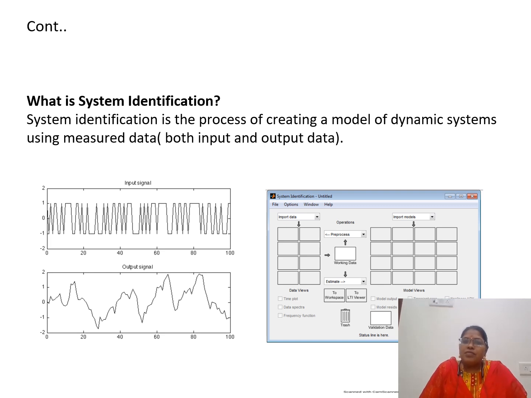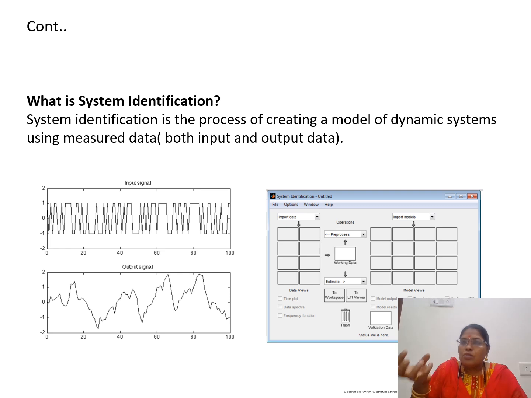What is system identification? It is nothing but the process of creating a model of a dynamic system using the measured data. Here you can see the diagram. This is your input signal and this is the output signal. These input and output signals can be taken from any system. For example, if you take a distillation column, you can get the input data and collect the output data.